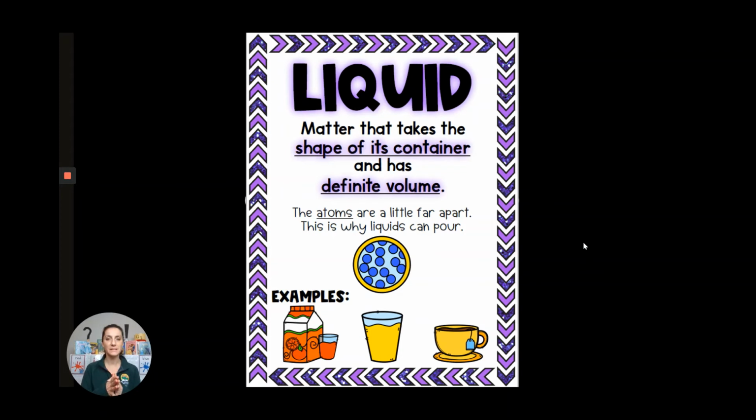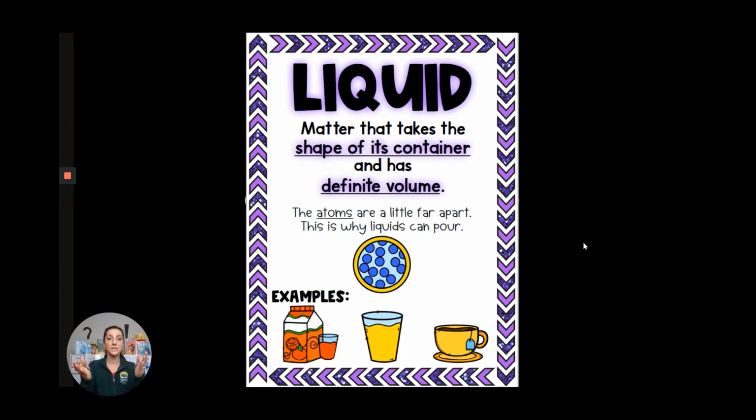And then it says, and it has definite volume. And it has definite volume, meaning, let's say you all have done your cooking by now. So you've each followed a recipe. If you have a liquid, and it says you need 1 cup of milk, let's say to make pancakes, okay, and you pour 1 cup of milk out into the measuring cup. Now you have it measured, it's 1 cup.